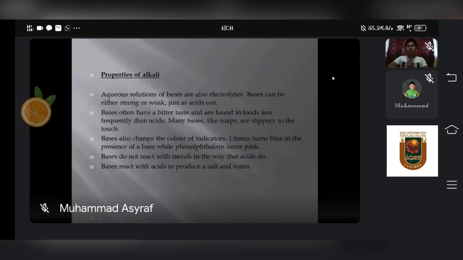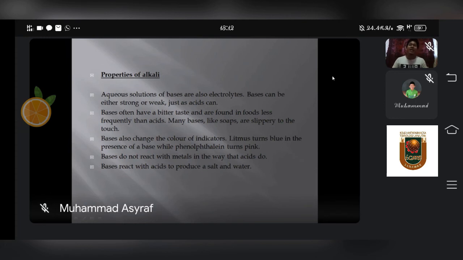So next we go to the properties of alkali. Aqueous solutions of bases are also electrolytes. Bases can be either strong or weak, just as acids can. Bases often have a bitter taste and are found in food less frequently than acids.